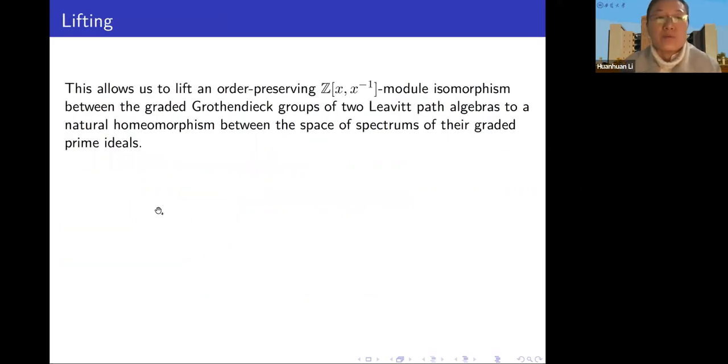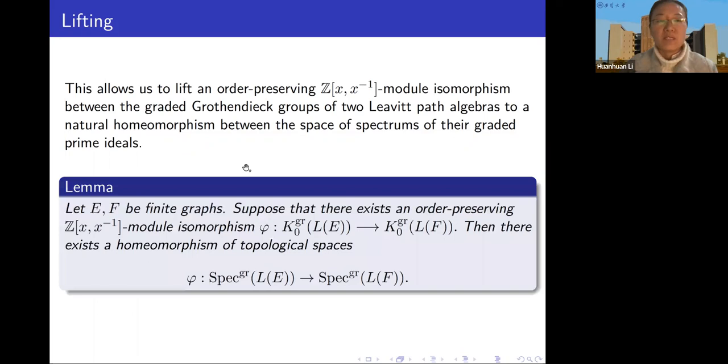So when we have this, it allows us to lift the isomorphism between graded Grothendieck groups to a natural homeomorphism between the topological spaces of graded prime ideals. That means we have this lemma.